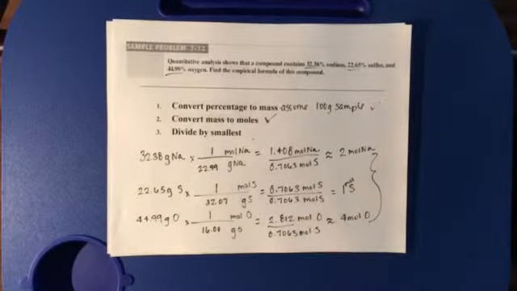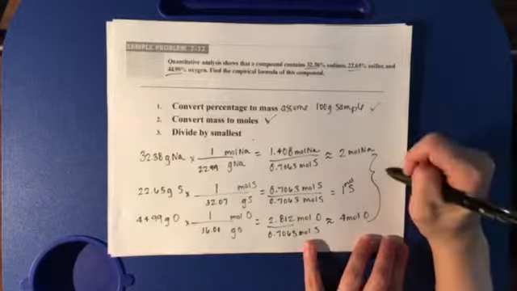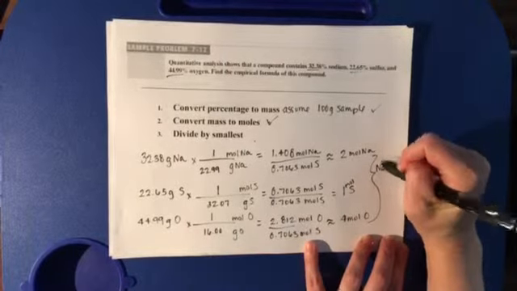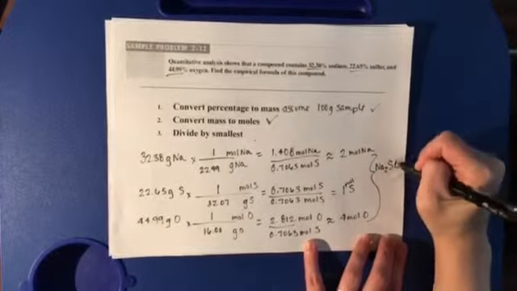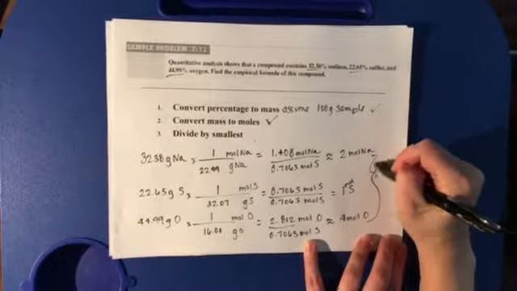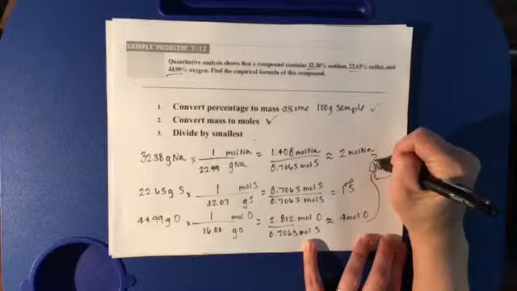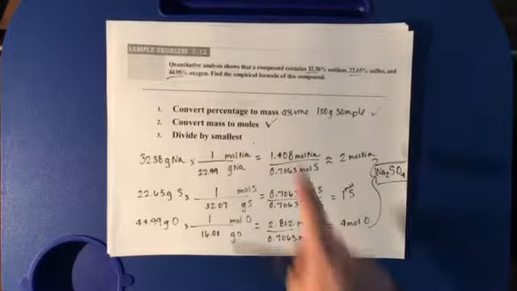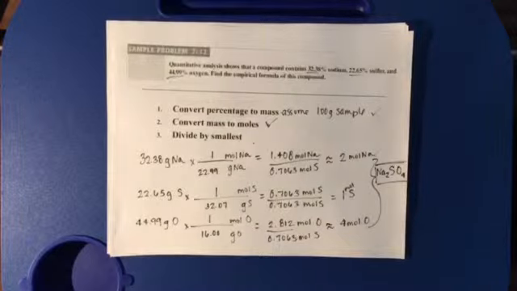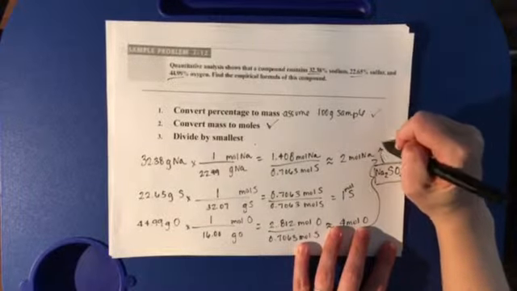The whole point of this is trying to find their ratio to each other, which is essentially the empirical formula. So the empirical formula would be Na2S1O4, and what we have here is sodium sulfate. That is the empirical formula of this substance. There wouldn't be a molecular formula for this substance because this is an ionic compound.